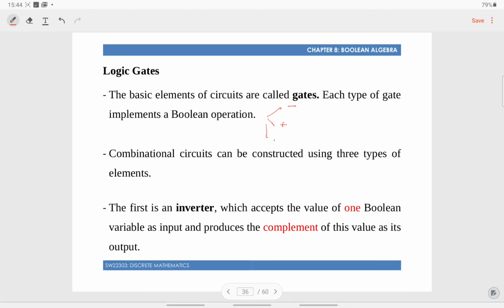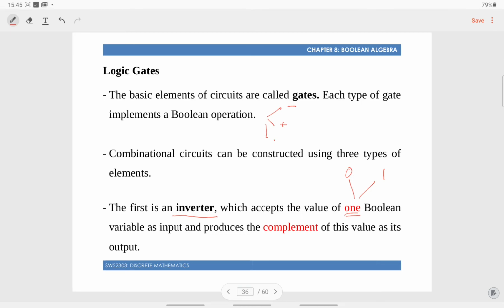Combinational circuits can be constructed using three types of elements. The first element is called an inverter, which accepts the value of one Boolean variable. So that means it accepts a single input, either 0 or 1, and produces the complement of this value as its output.